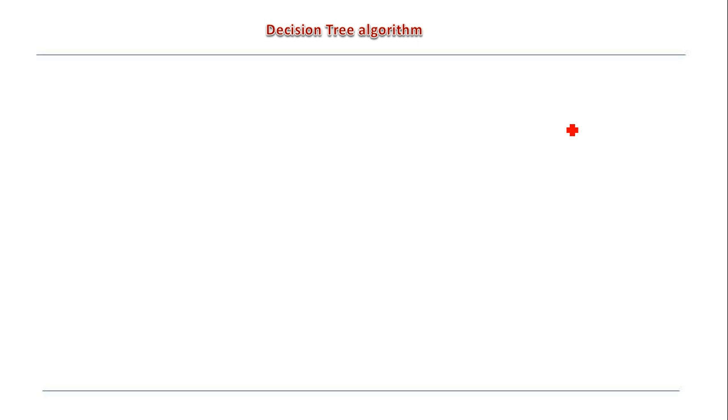Let me see the decision tree algorithm. This is very important for implementing this project. First of all, we should know what a decision tree is. A decision tree is a tree-like structure that is used as a model for classifying data.